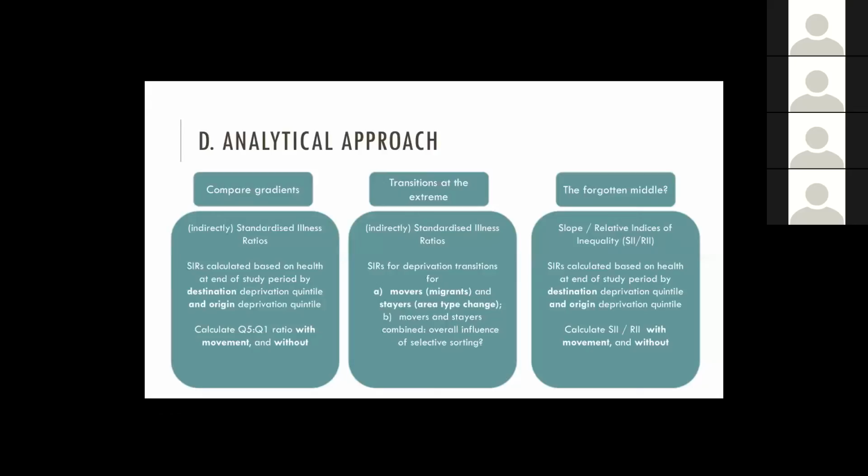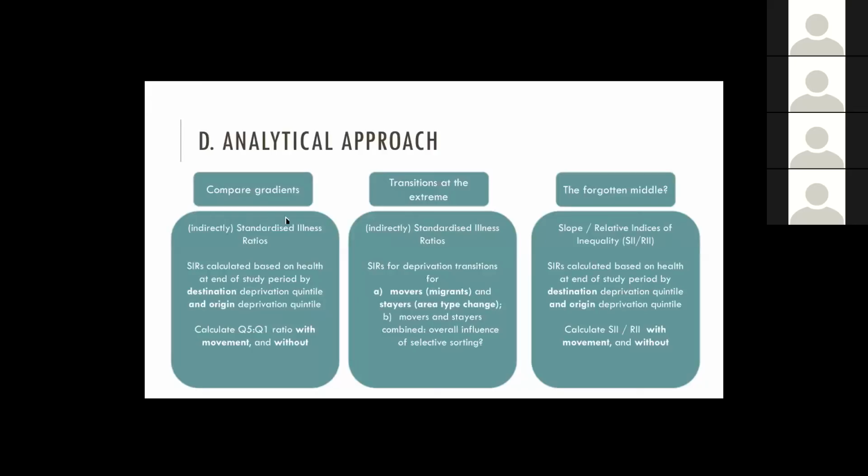So I wanted to have a look at it, and I used the slope or relative indices of inequality to look at what happens across the whole spectrum. So this is using these indices of inequality and thinking about it in a similar way to when we compared gradients. So what is the slope or relative index of inequality when you allow movement to occur, and this accounts for transitions across the whole deprivation spectrum, compared to what would have occurred without any movement.